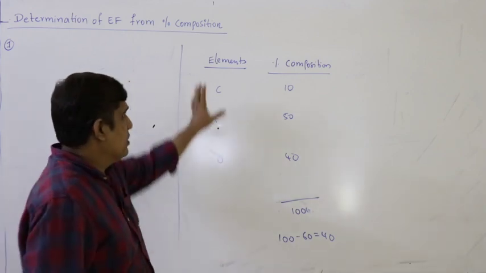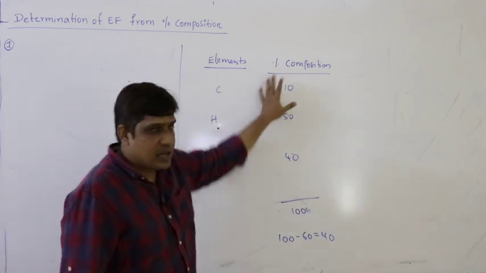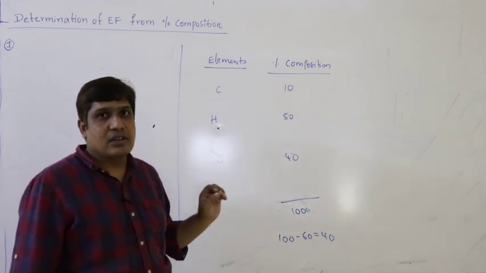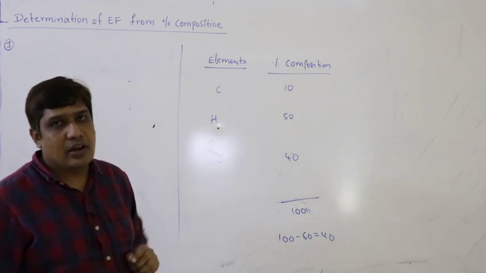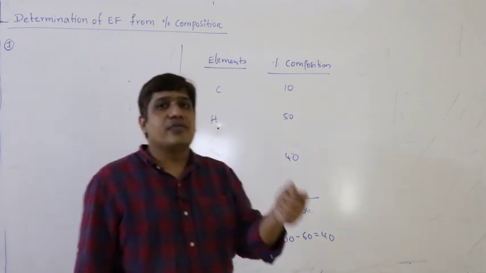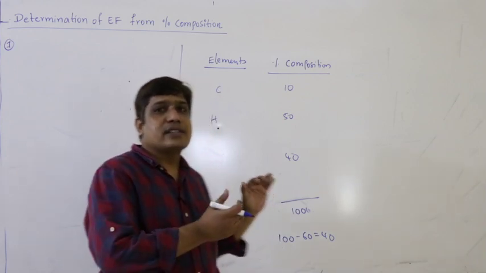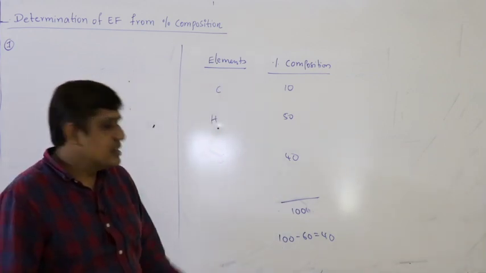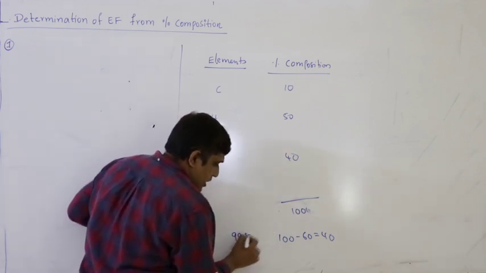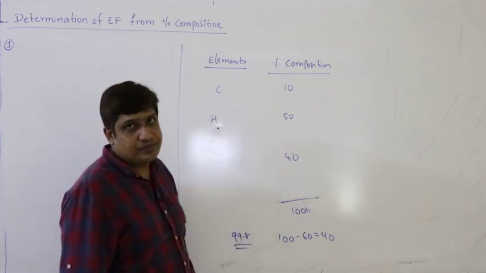What we have done? Write the symbols of the element. Write the corresponding percentage composition. After writing the percentage composition, check whether it is equal to 100 or not. If it is not equal to 100, subtract the obtained value from 100, assign that value as percentage composition of oxygen. Sometimes you will get values like 99.8. It is approximately equal to 100.